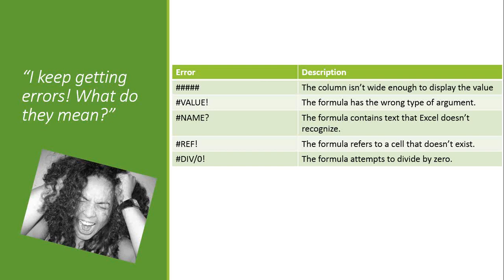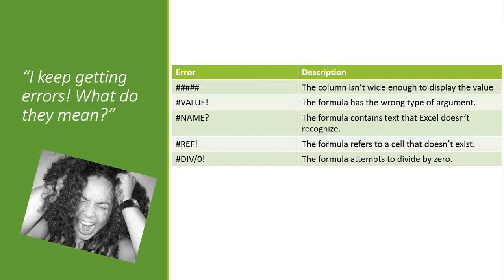You may see the error #NAME with a question mark, and that basically means that the formula contains text that Excel doesn't recognize. So in this particular example, double check your formulas. Maybe instead of a colon, you had a typo and put a comma or a question mark or something like that. But just double check your formula.